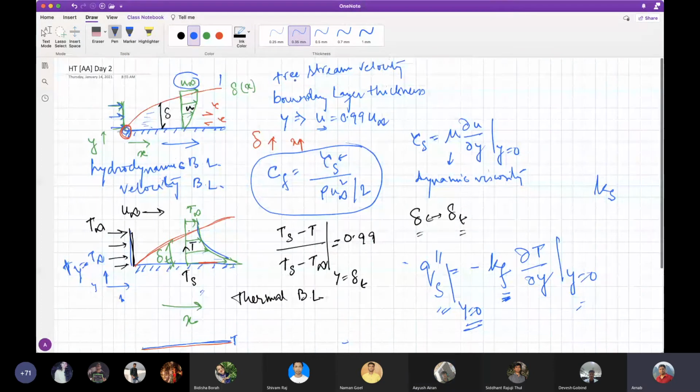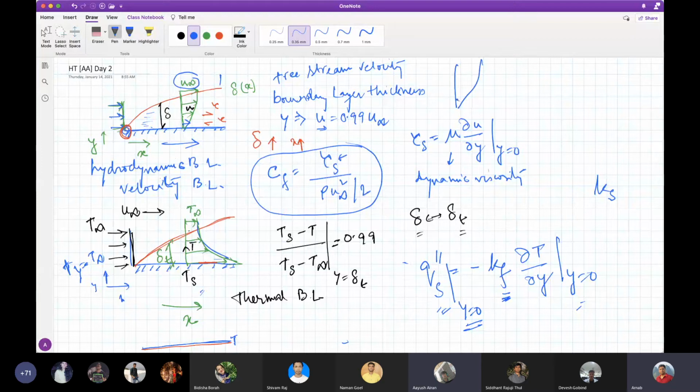So there is a velocity profile, and you know what the velocity profile is. If this is my velocity profile, then between two layers you have a generic expression that grows with y.